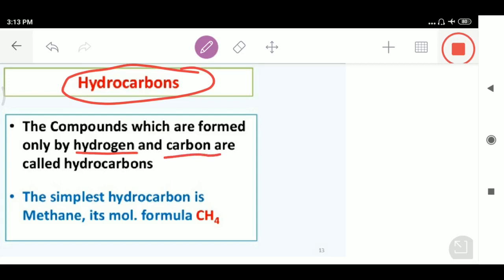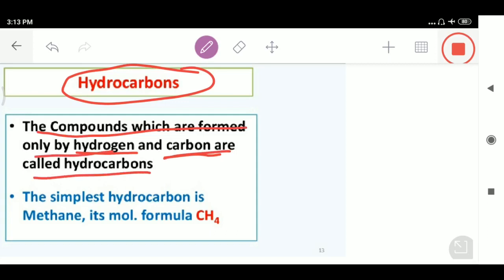Hydro means hydrogen, carbo means carbon. That's why they are named hydrocarbons. These are the compounds made up of hydrogen and carbon only.